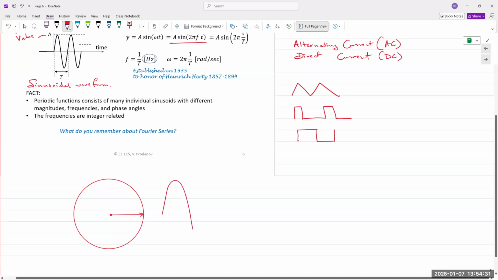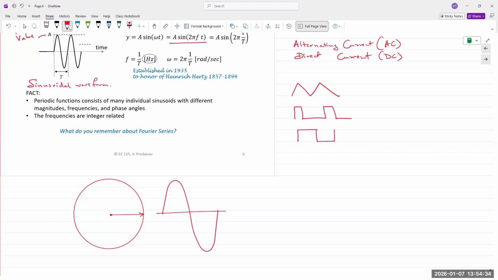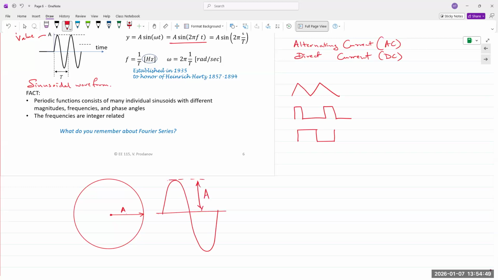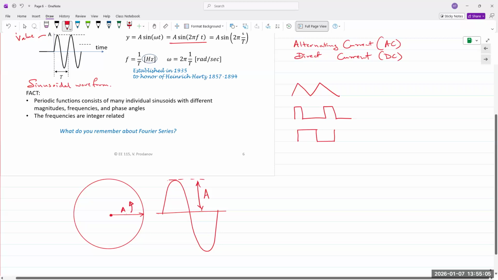Actually, let's stick with A. The peak value of that voltage is A. This length is also A. So this mathematically is represented as a vector that is rotating in the complex plane in a counterclockwise motion, going in this direction, with a speed of omega.